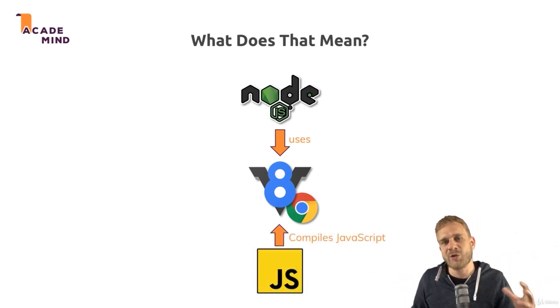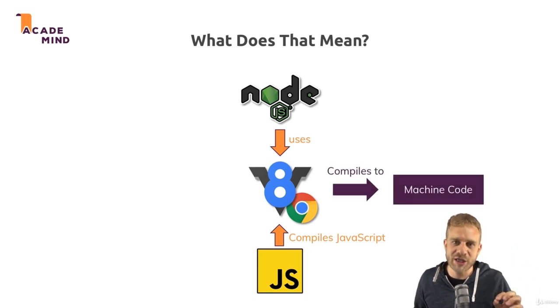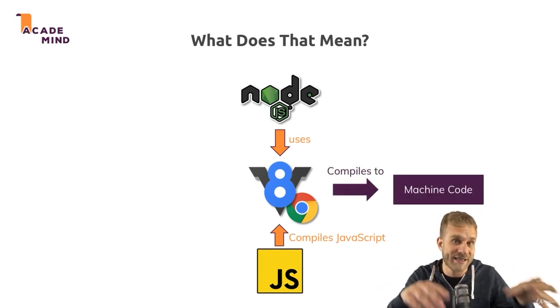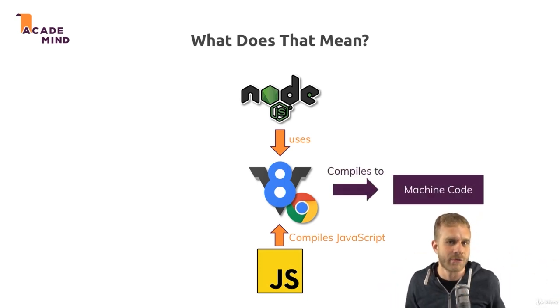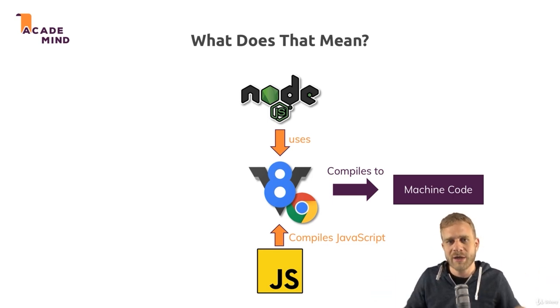It takes that JavaScript code and compiles it to machine code. And this is what your browser does too, what V8 does in your browser. It does take your JavaScript code and compile it to machine code, because that is the code that runs ultimately on your computer and that can be handled efficiently. Now, this is done by V8.